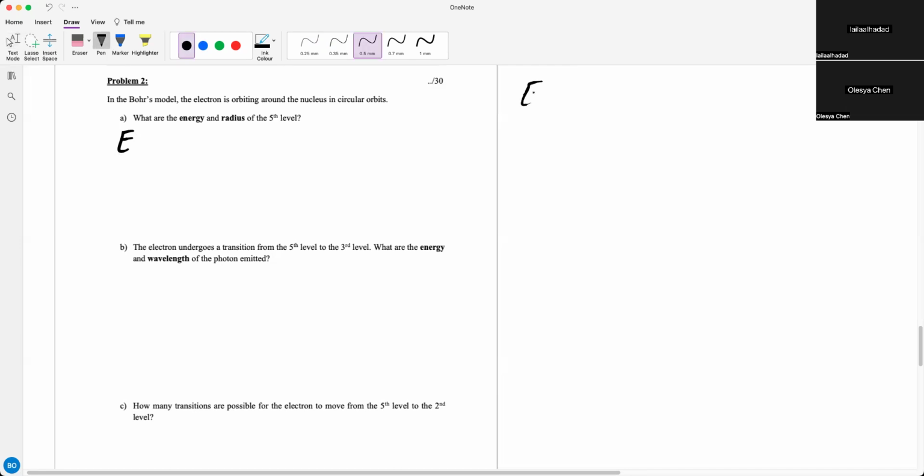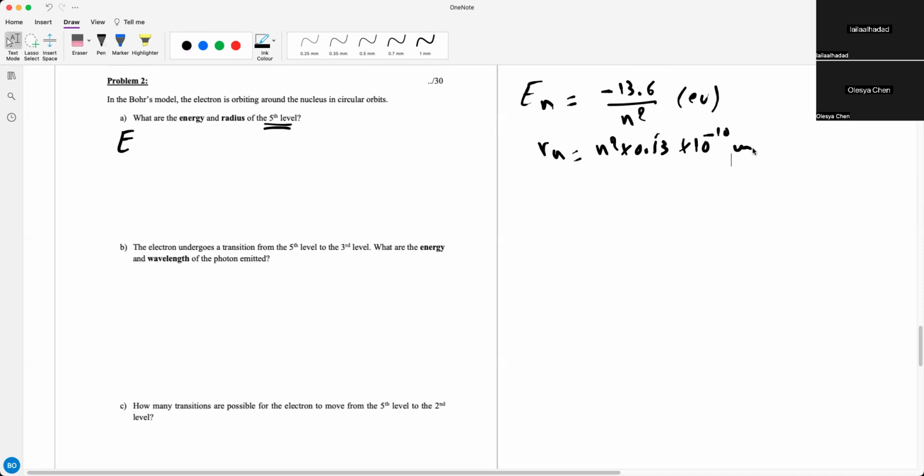Here, I'm just asking about the fifth level. So in general, it is minus 13.6 divided by n squared. This is in electron volt, and the radius is n squared times 0.53 10 to the minus 10 meters. So this is all what you have to do.